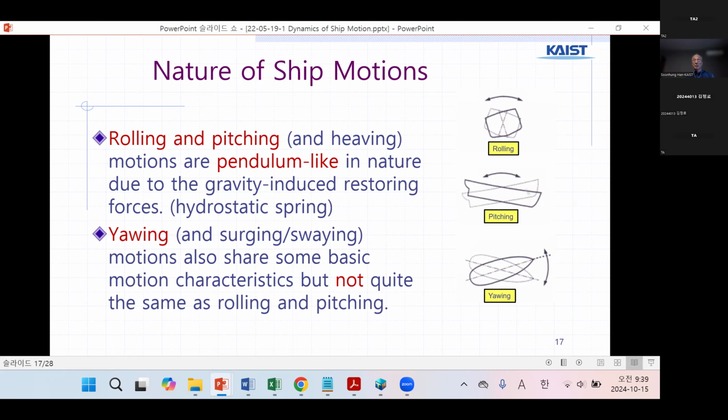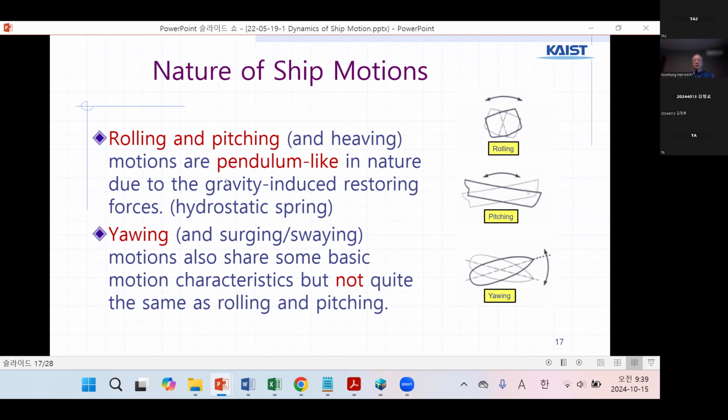You can imagine the spring mass vibration system, and the hydrostatic buoyancy works similar to a spring. That's why we call this a hydrostatic spring.